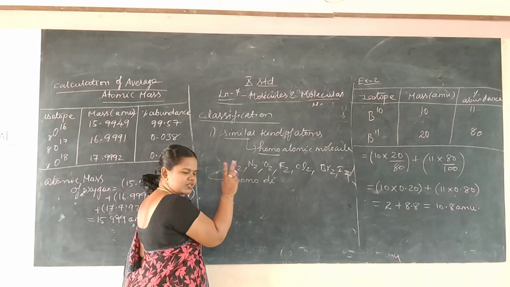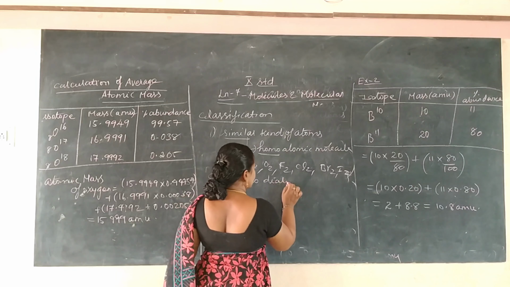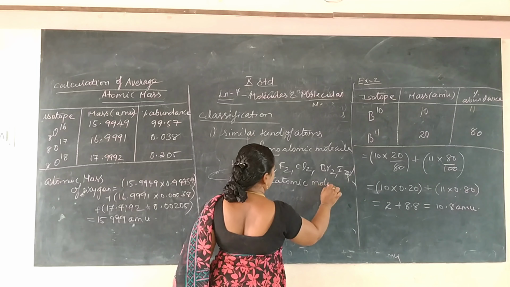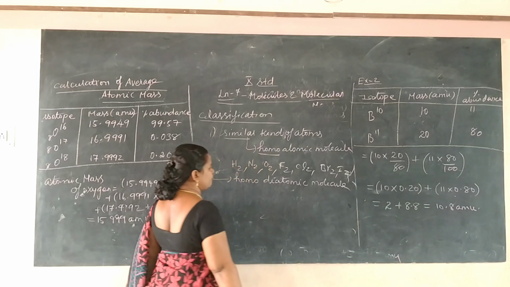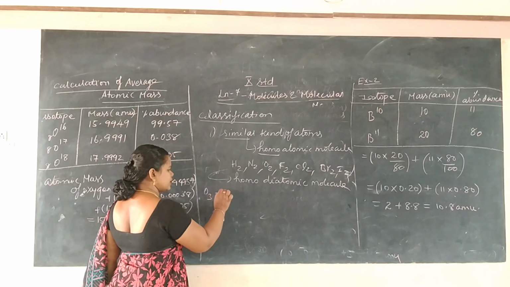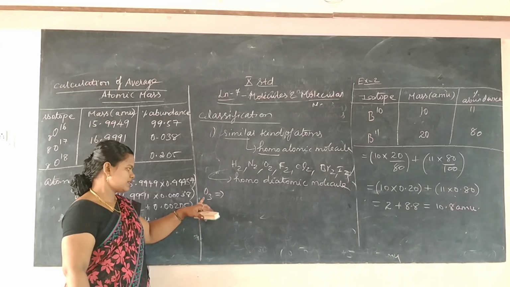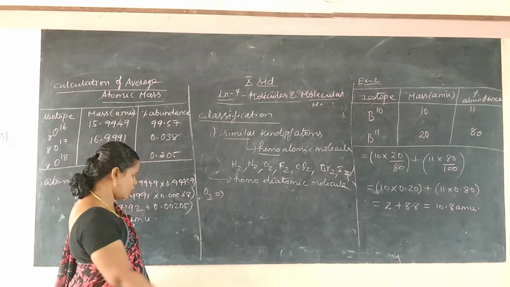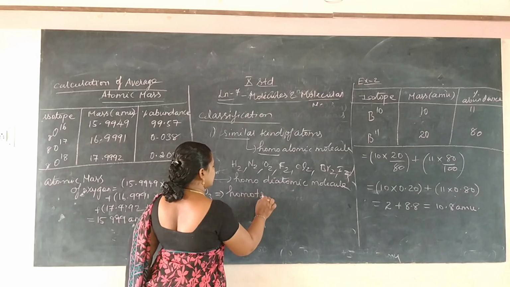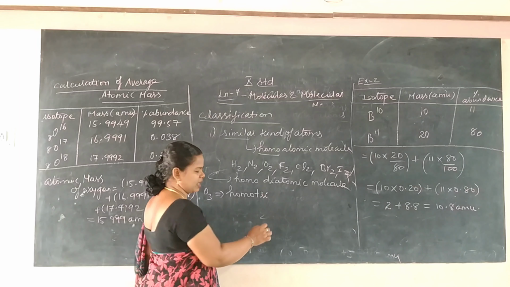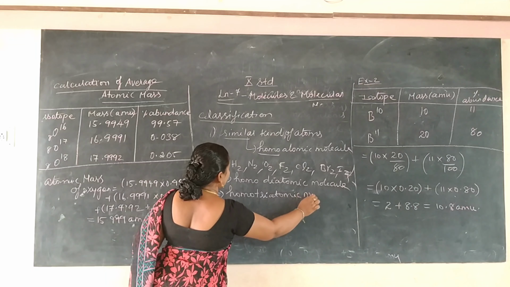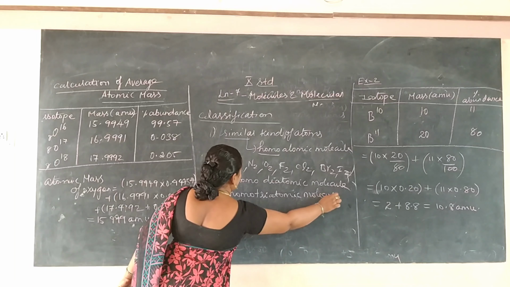Another example is O3: the same kind of atom, so homo, and three atoms present, so tri. So O3 is an example of a homotriatomic molecule.